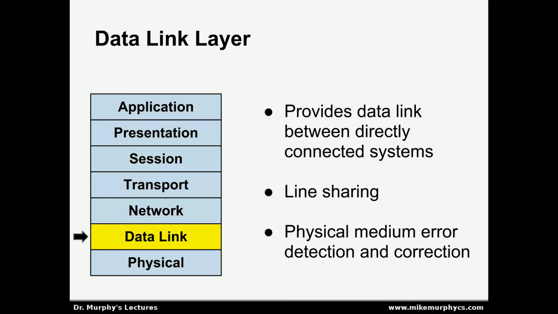This allows, for example, a line to be shared between two or more systems, and arbitrates who can send at any given time. This also performs some physical medium error detection and correction. The physical layer just tries to get the bits from one end to the other. It's up to the data link layer in most cases to perform the initial error correction.